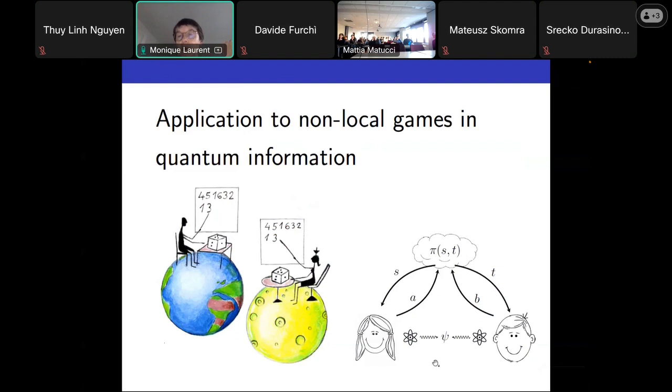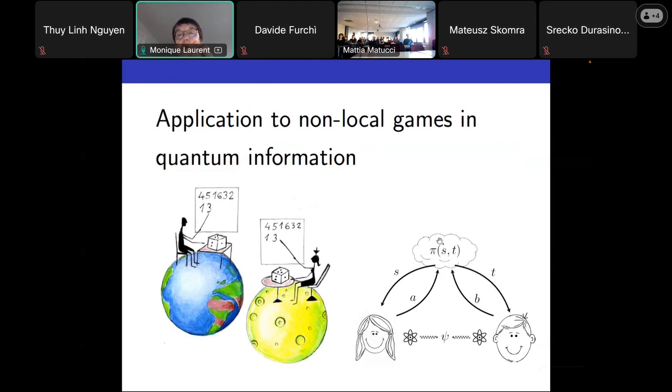So here is a second cartoon representing how a non-local game goes. We have Alice, we have Bob, and we have the referee sitting here. The referee sends a question S to Alice and a question T to Bob, picking the questions with some probability. Then Alice should send an answer A to the referee, and Bob should send an answer B to the referee.